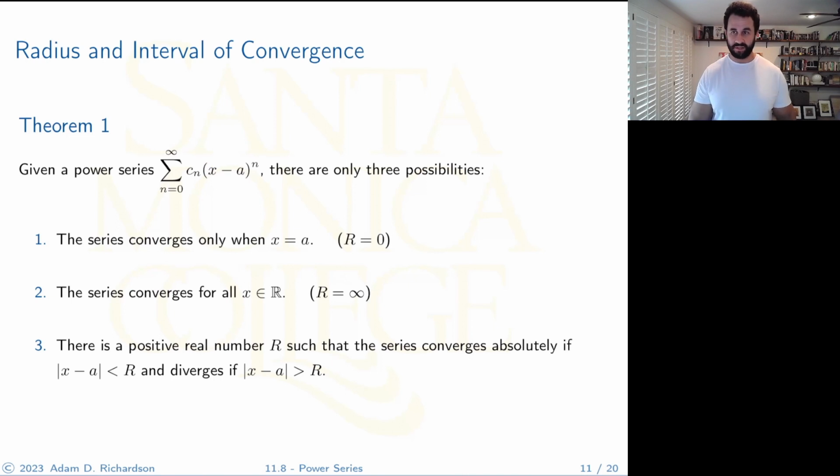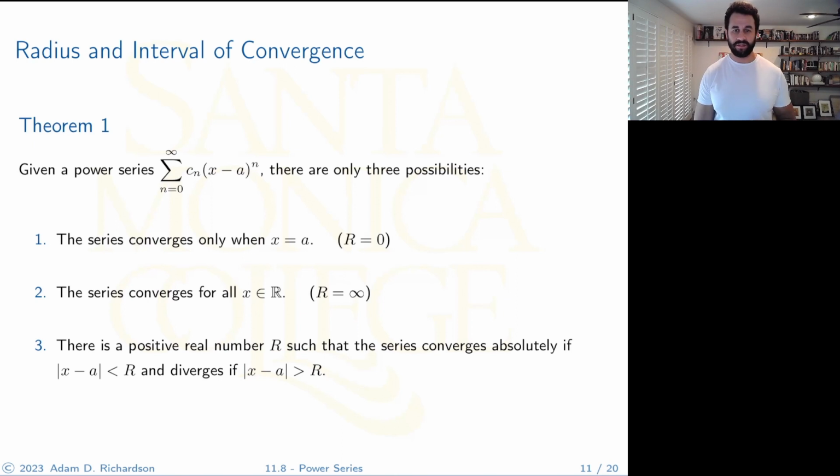We've got another possibility. The series converges for every real number. That's when your radius is infinity. So when you have an infinite radius of convergence, you're saying that this series converges for all real numbers x. And then the third possibility is, hey, there's a positive real number, not infinity, where the series converges absolutely if this holds, and it diverges in this case.